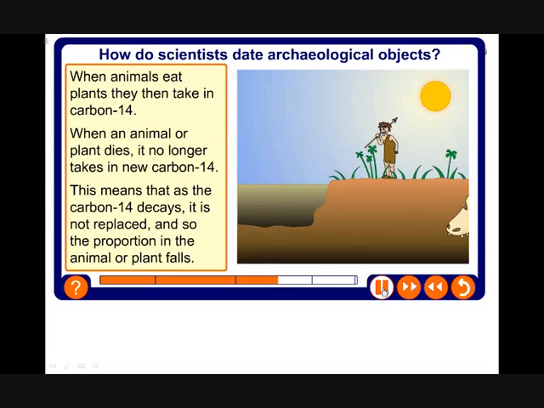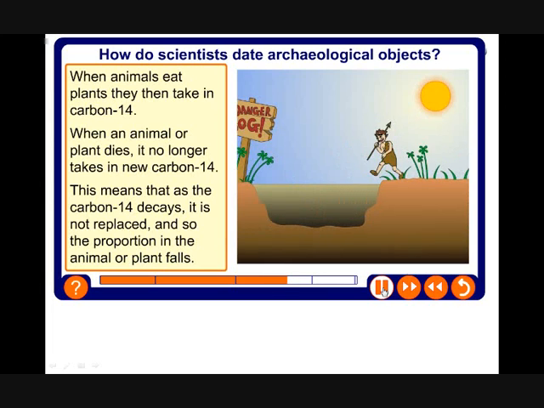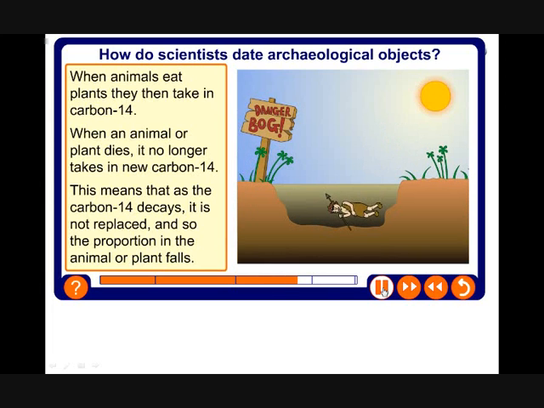But unfortunately, at the point where the plant dies, or in our case here, our caveman or bogman dies, there's going to then be a change in the amount of carbon-14. The carbon-14 that decays will not be replaced, so the amount of carbon-14 will begin to fall.